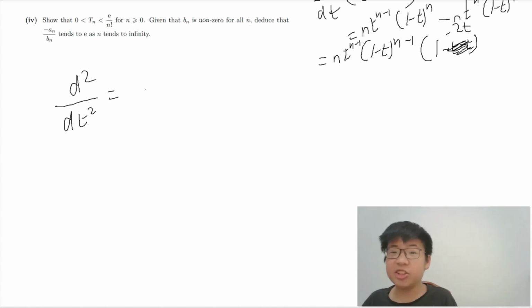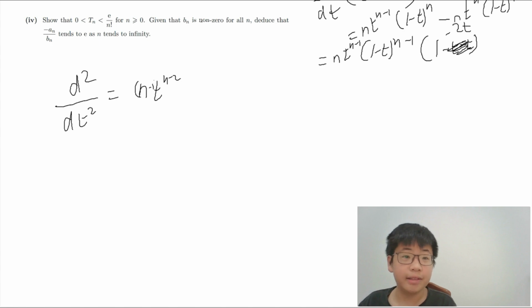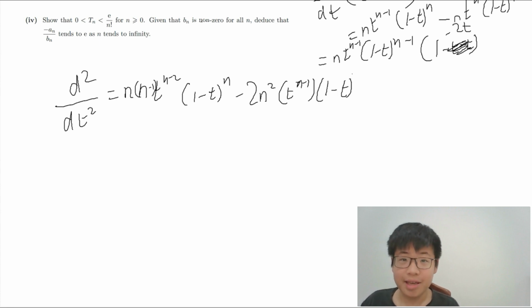So since 2 of the terms would be the same, first we have to simplify n minus 2. And don't forget, we have an n minus 1 supposed to be here. And then we have to put minus 2n squared (n minus 1)(1 minus t)^(n-1).